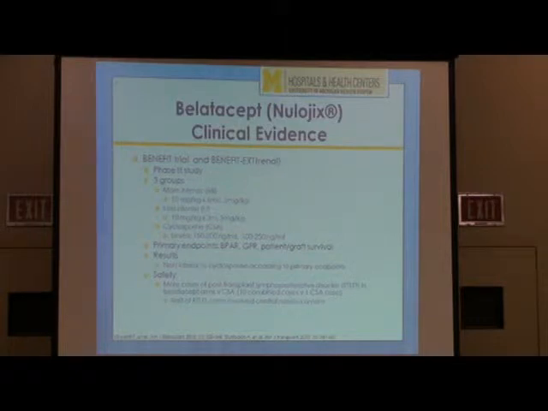And another interesting finding was in regards to the safety aspects: they found more cases of post-transplant lymphoproliferative disorder, or PTLD, in the belatacept groups versus the cyclosporine group. They found 10 cases versus 1 case in the cyclosporine group, and half of these cases had CNS involvement.